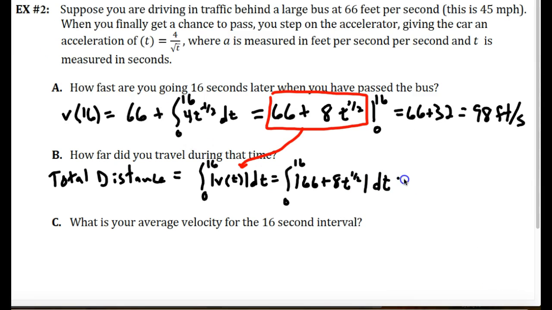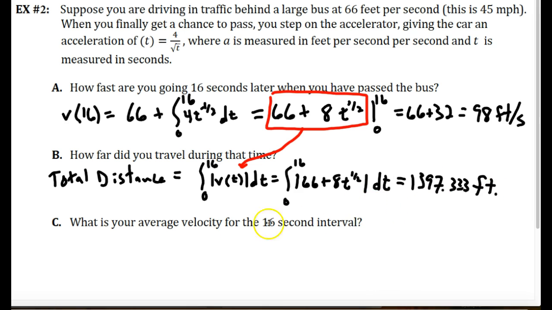Now our units here, 1,397.333 would be just feet, right? If we're integrating velocity, the total distance is 1,397.333 feet. Now, average velocity, this is like average value, right? We just found the total distance traveled over 16 seconds.